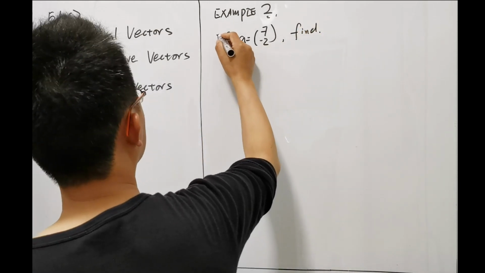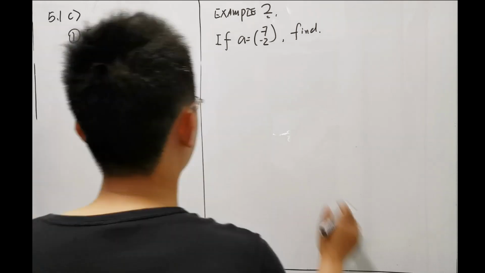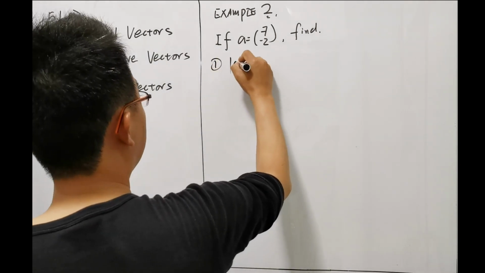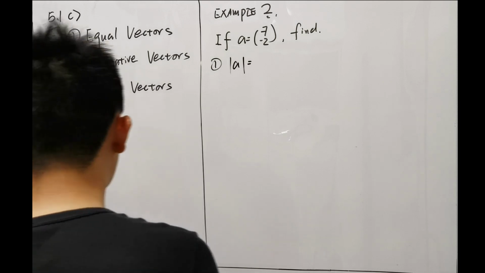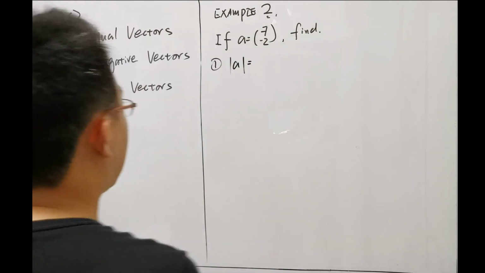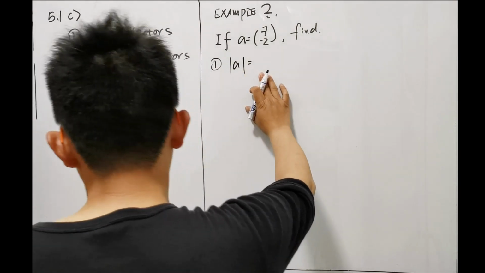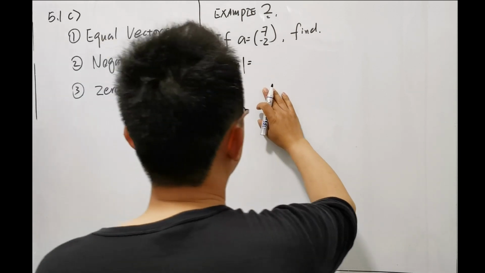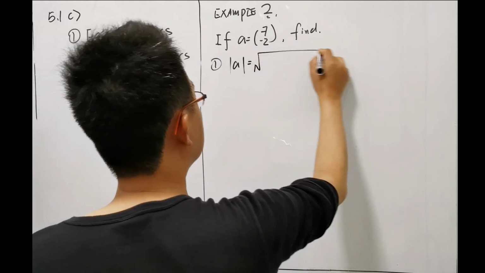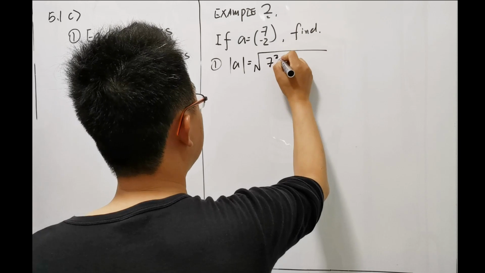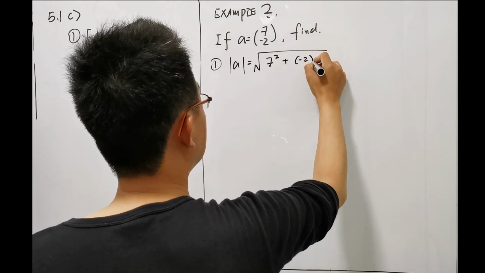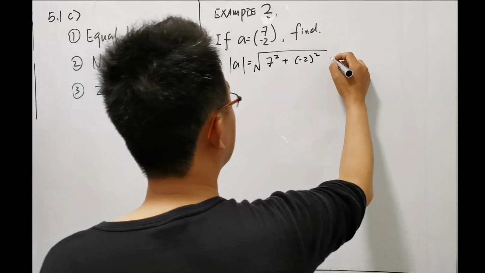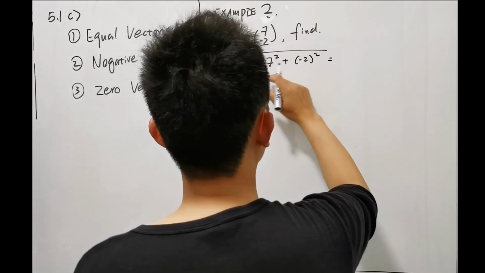The first item we're going to find is the magnitude of vector A. So we can use the formula from the last class, the Pythagoras theorem. We put 7 power 2 and then minus 2 power 2.